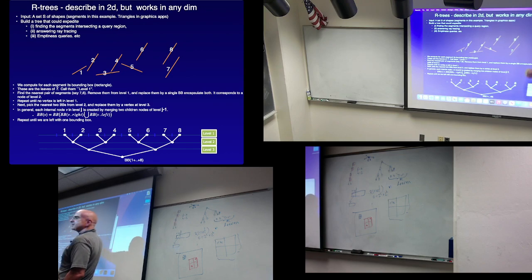Triangles, segments in my slides, non-intersecting segments, the R tree doesn't care about. What you're doing with your data, it can be moving points, single points. And it's good to answer all the types of queries that we discussed earlier. And it has several other properties that we'll mention very soon.